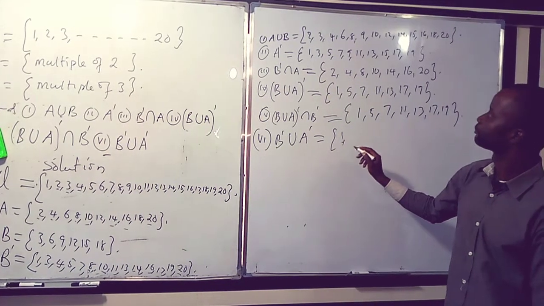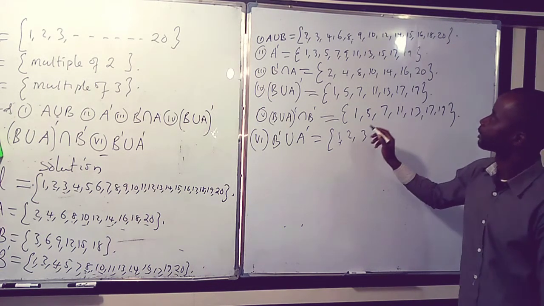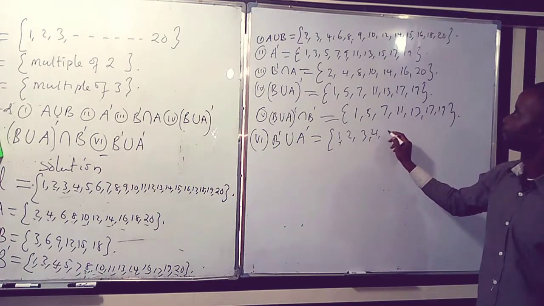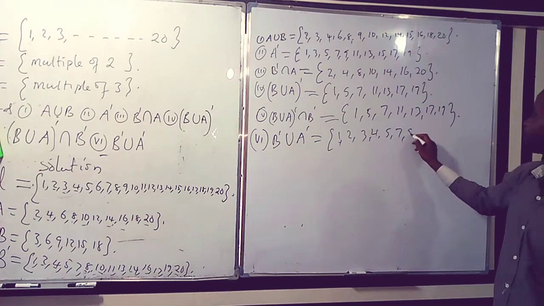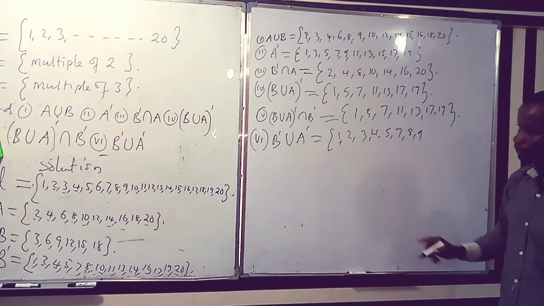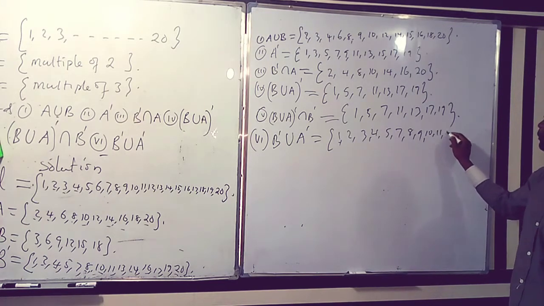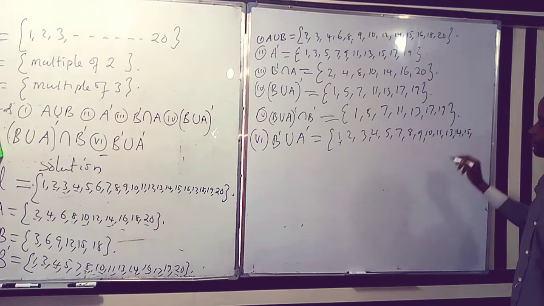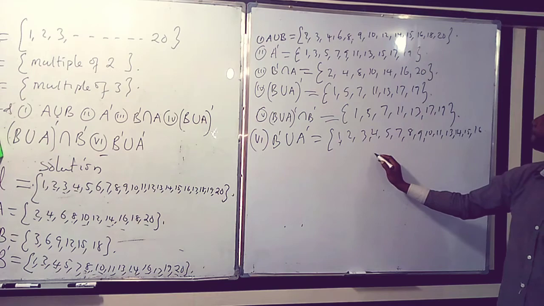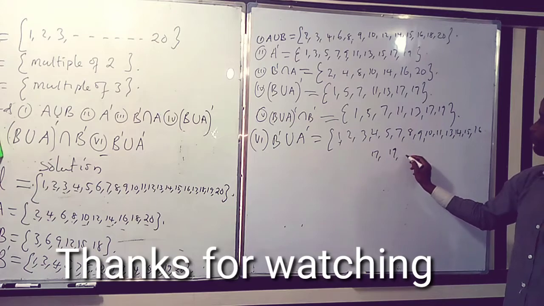We have 1, 2, 3, 4, 5, 7, 8, 9, 10, 11, 13, 14, 15, 16, 17, 19, and 20.